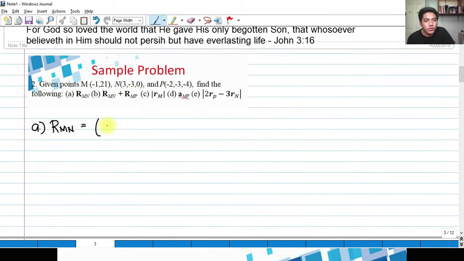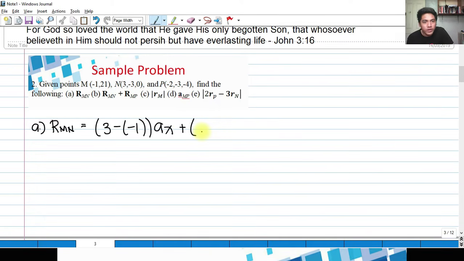So what we are going to do is simply subtract its coordinates and write the unit vectors ax, ay, and az. From M to N, N is our terminal point, so that means 3 minus -1 for the x component, times ax. Be careful with that.